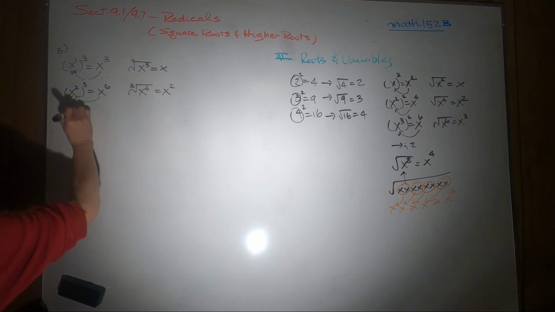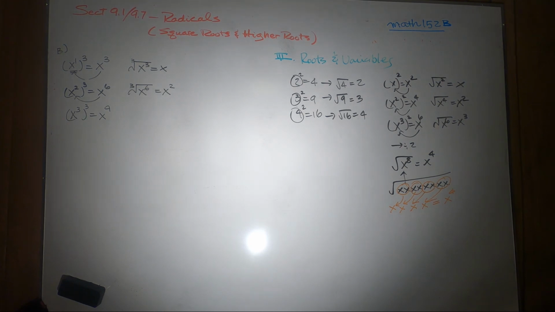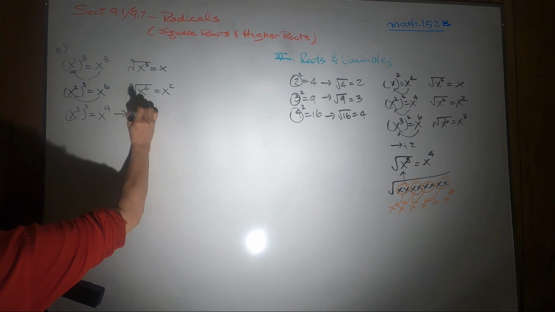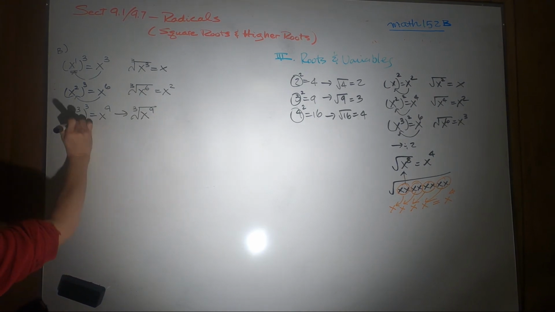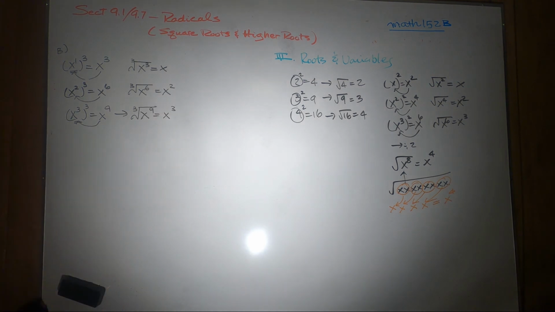right? So x cubed to the cube, power on power, you multiply, right? Then what do we have? If I take x to the 9th power, take a cube root, I should get the root. That one, x cubed, right? So what do we do? We just divide it by 3, right?